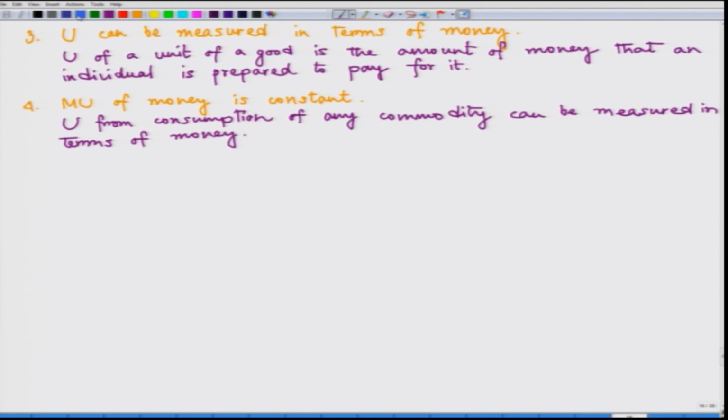Now, we move on to the fifth in the list of assumptions, and this is also a very critical assumption, and this is stated as the law of diminishing marginal utility operates.